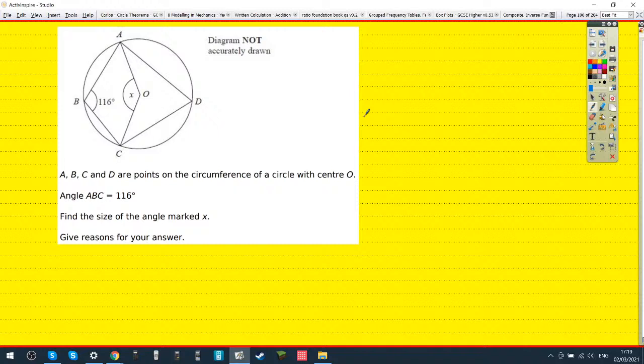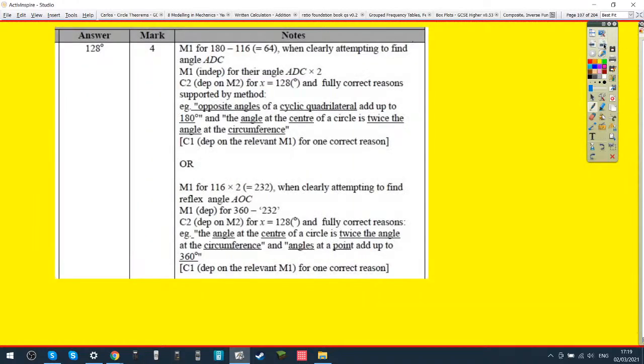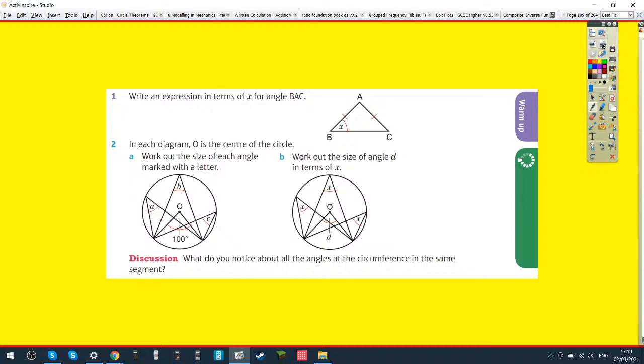So O is 232. 232. Okay. So does that mean X is 128 degrees? So X is 128 degrees. 128. Yeah, okay, so this one.